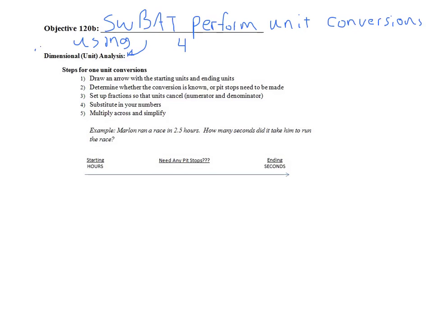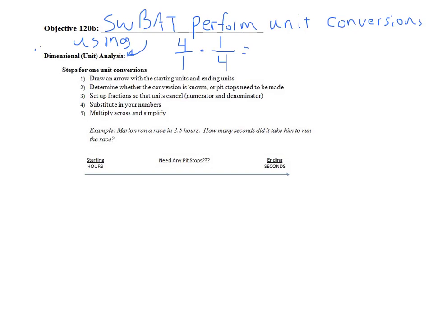Now, let's start with a basic understanding. If I give you the fraction 4 over 1, what fraction could you multiply this by so that the 4 in the numerator cancels out? Well, if there's a 4 in the numerator, I would need a 4 in the denominator for it to cancel.